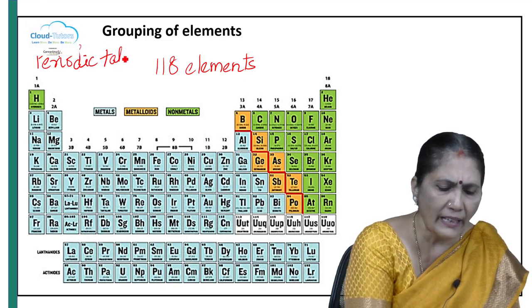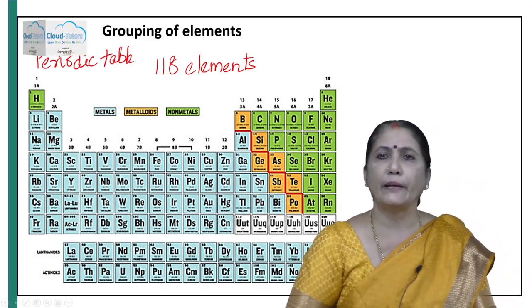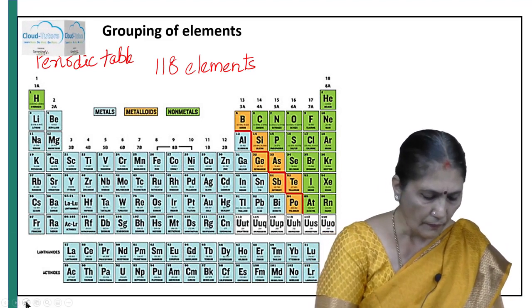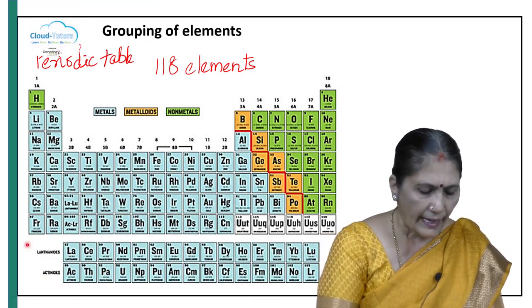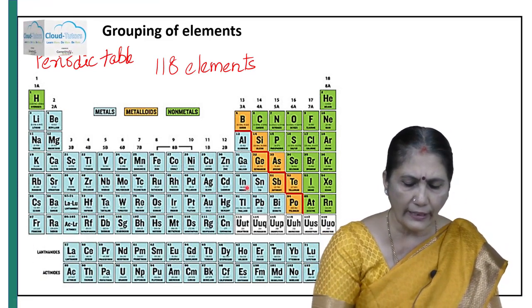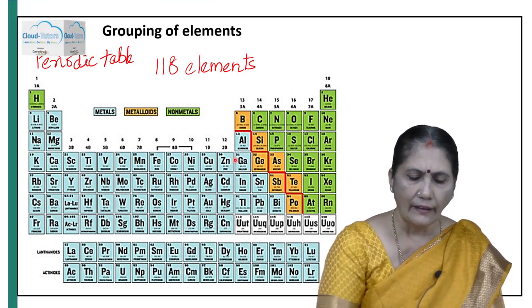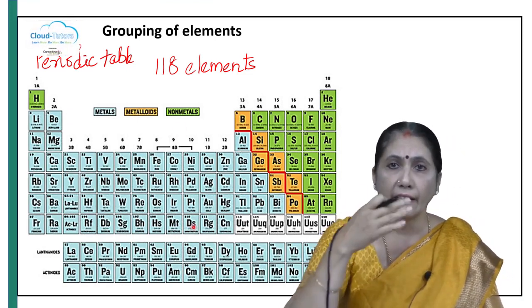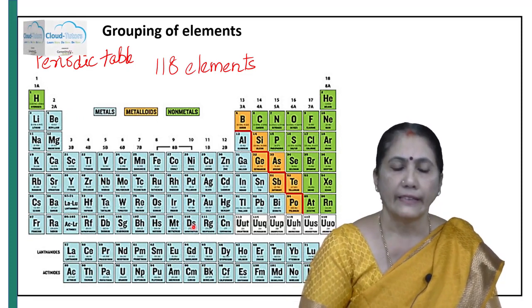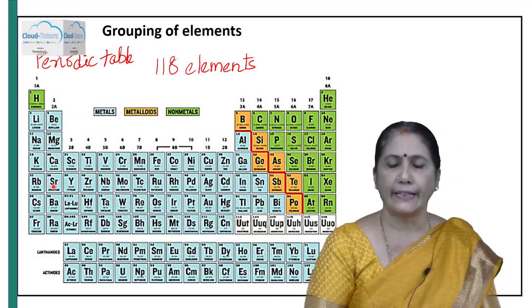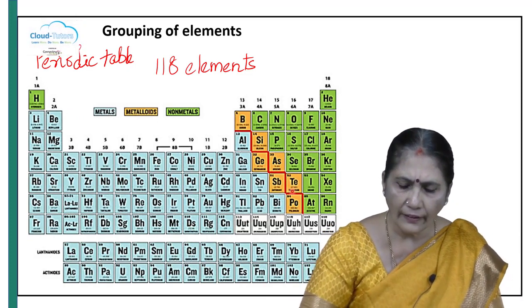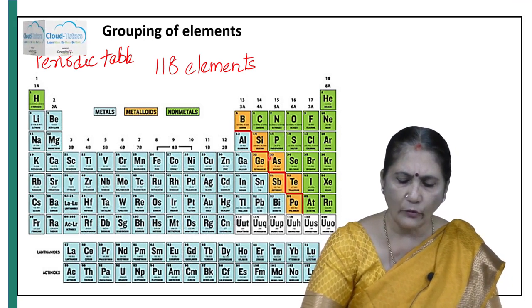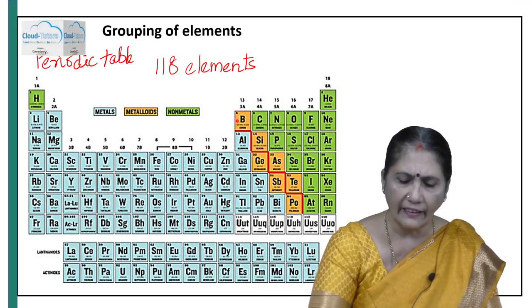Now, among the elements which are present in the periodic table, there are these elements which you can see in the blue shaded region. They are all metallic in character. You have all these elements which are arranged diagonally.